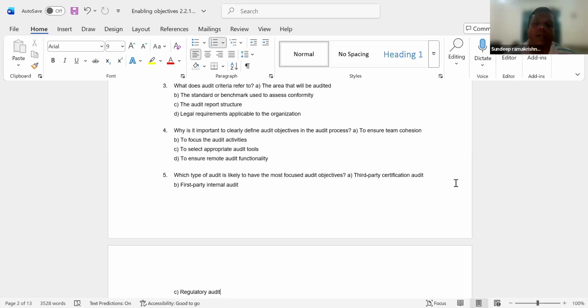To focus the audit activities, to select the appropriate audit tools. To achieve the audit goals, or what you want to achieve, is what you define in audit objectives. So why is it important to clearly define audit objectives in the audit process is the question. The question is also slightly tricky here.